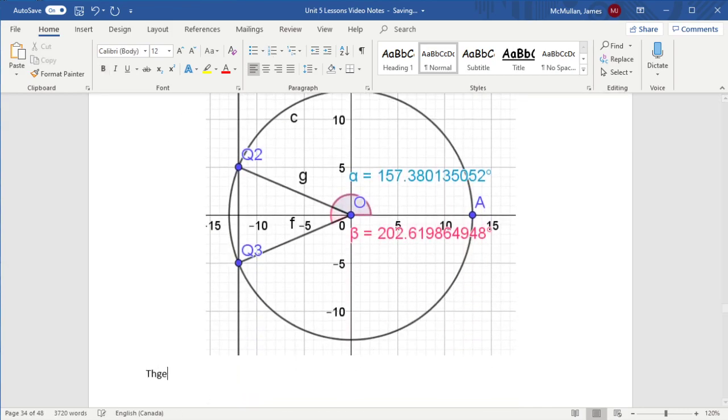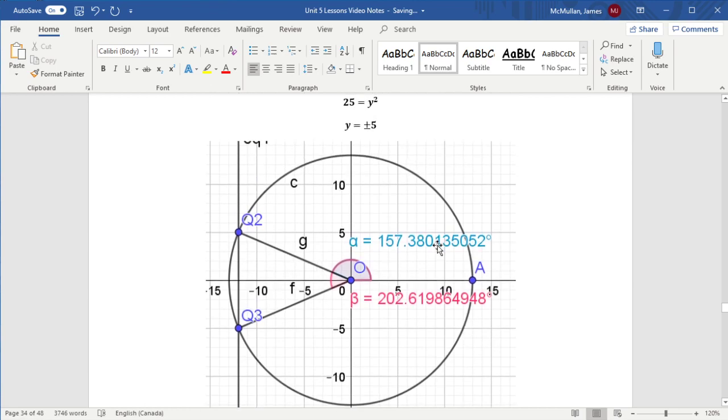Well, the terminal arm, so let's answer A first. The terminal arm could lie in Q2, x equals negative 12, y equals 5, r equals 13. Or it could lie in Q3, x equals negative 12, y equals negative 5, and r is still 13. Okay?